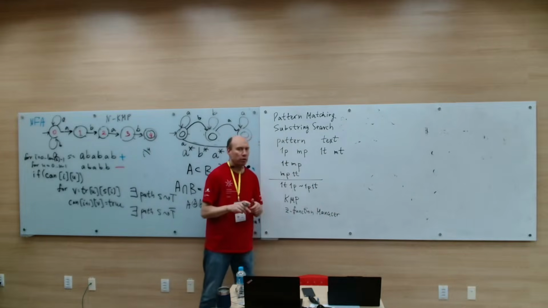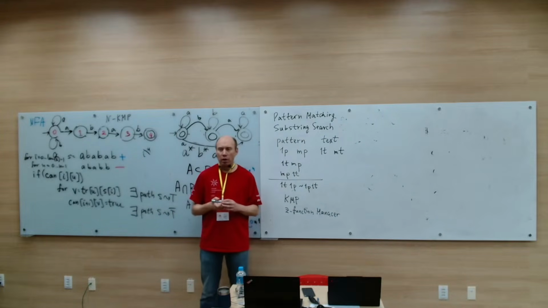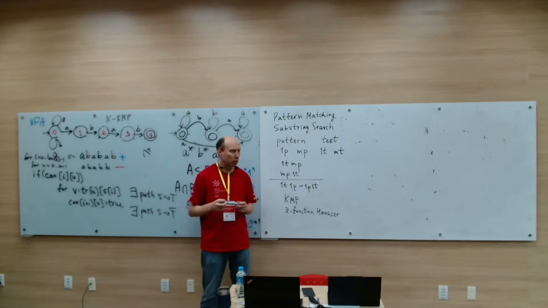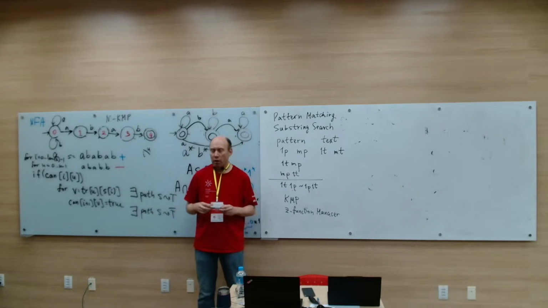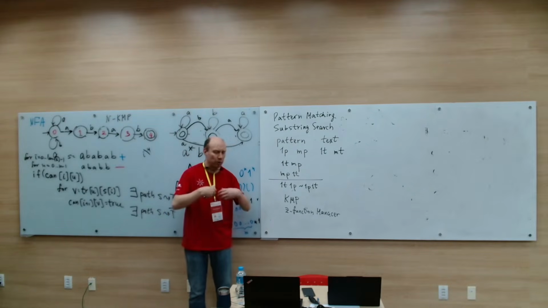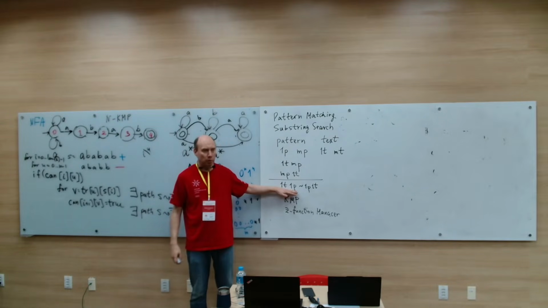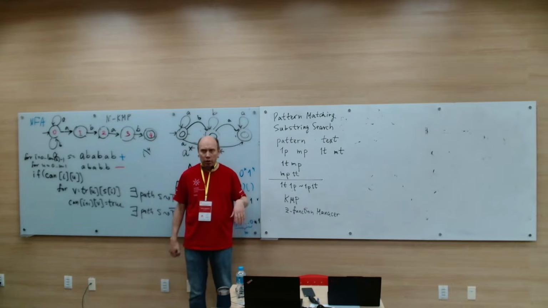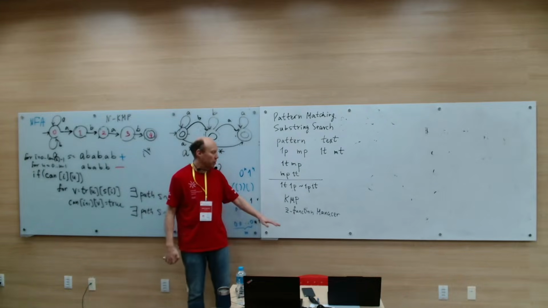The Manacher algorithm was initially developed for palindrome matching, for finding the longest palindrome, but it can be modified to be used for the pattern matching problem, and it has the jargon name Z function.